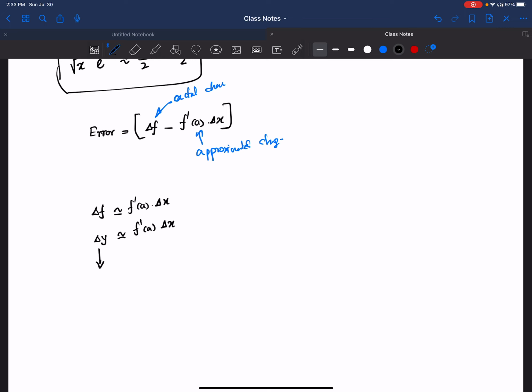If you write in differential terms, it's going to be dy is equal to f prime of a dx. So that's called the differential form. It's the same thing in a different name. Actually, this is roughly equal to delta y.